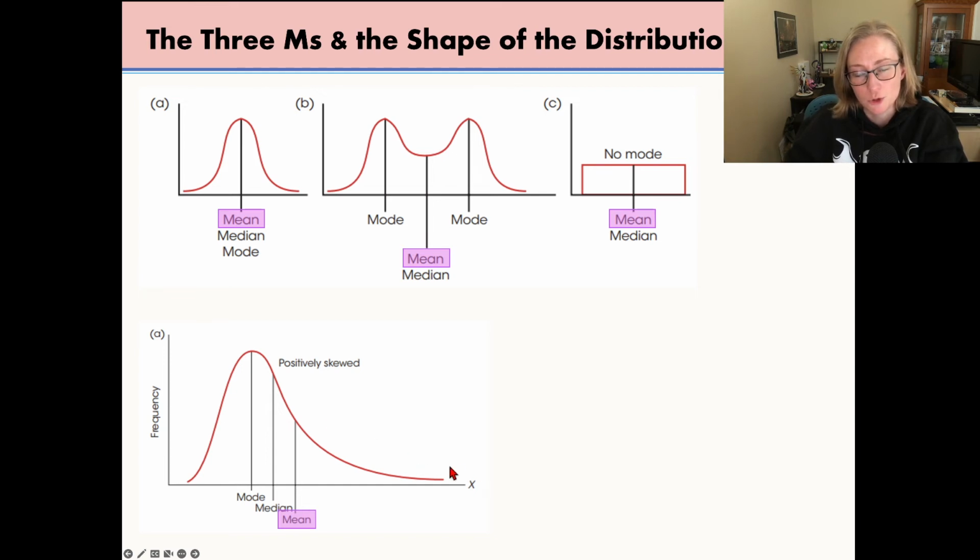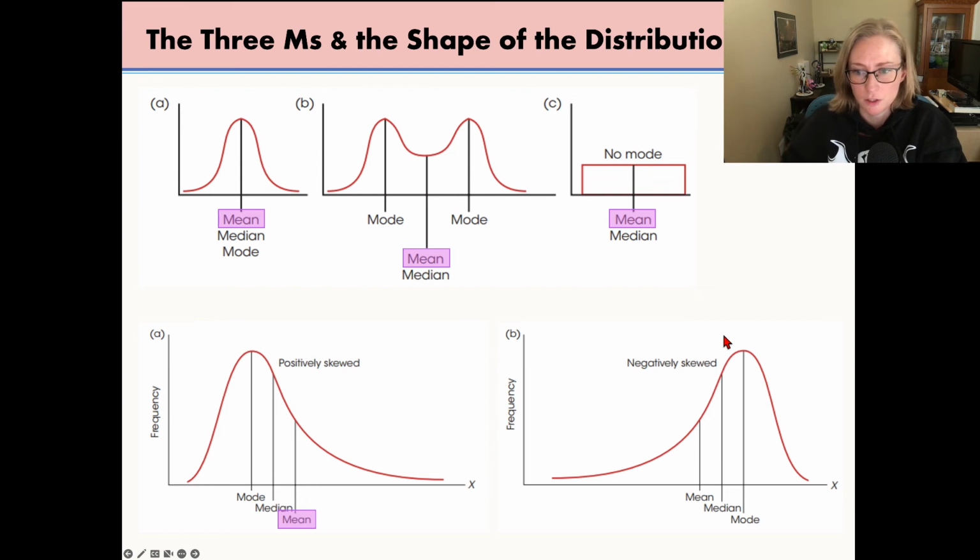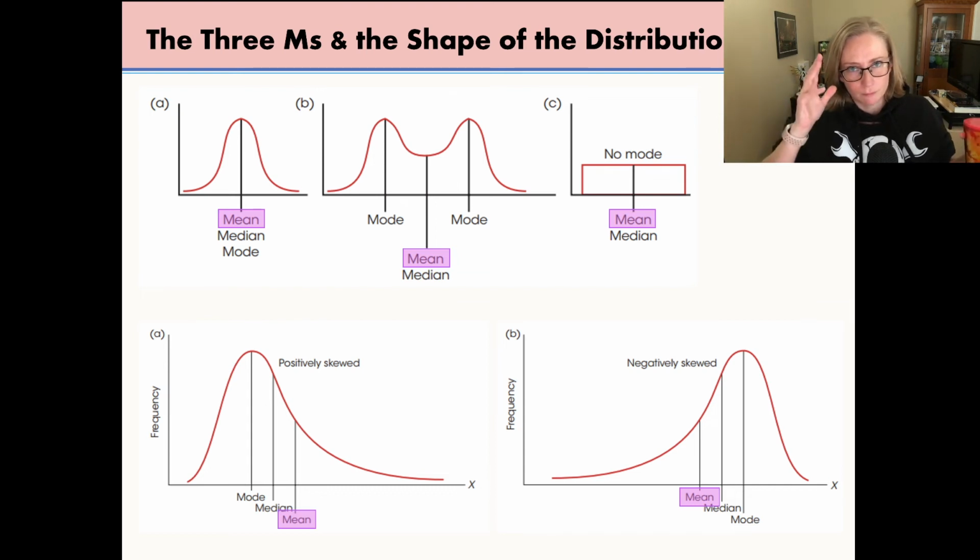Extreme values are going to pull the mean off into that direction. Likewise with a negative distribution, the mode is going to be our maximum, followed by our median, with the mean being pulled into the tail, into the negative, for negatively skewed distribution. So make sure that you keep this order in your mind.